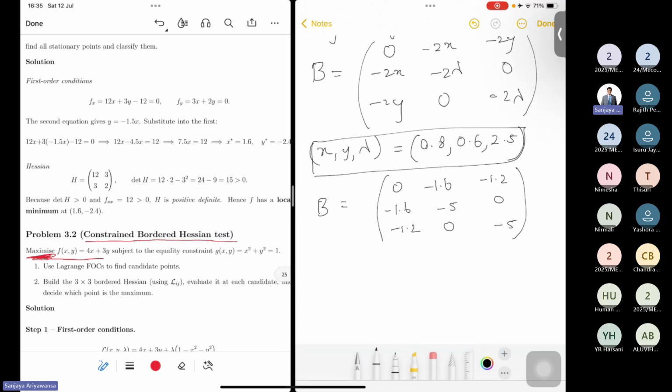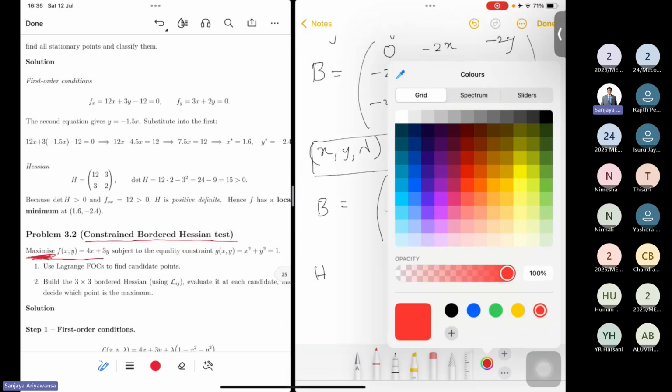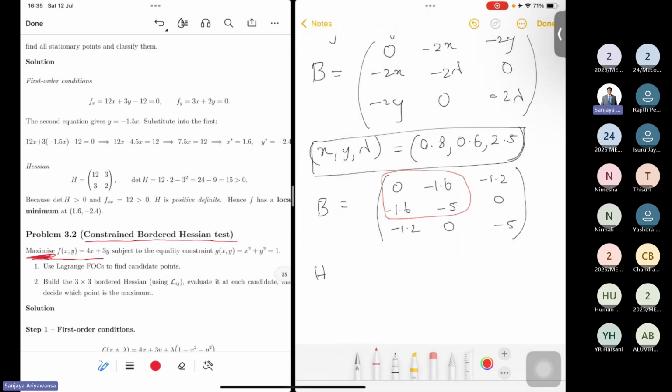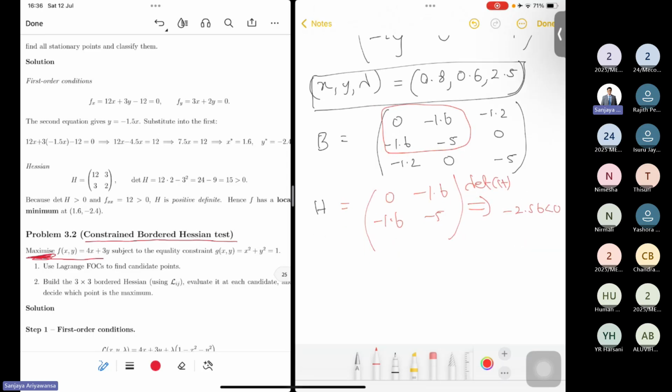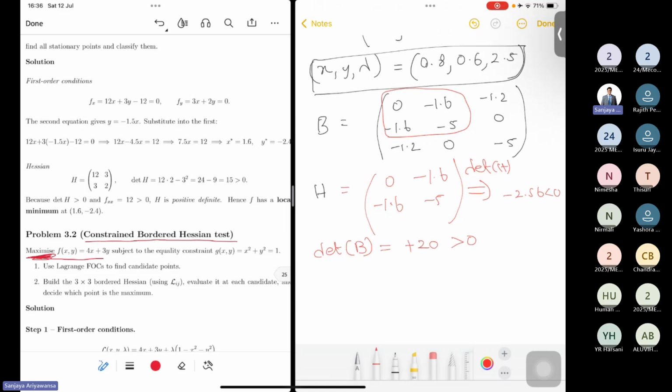Here I first calculate the Hessian part, the top part: 0, minus 1.6, minus 1.6, minus 5, and I calculate the determinant of this. The determinant is minus 2.56, which is less than 0. And then I calculate the determinant of my 3 by 3 matrix B, which is plus 20, greater than 0.